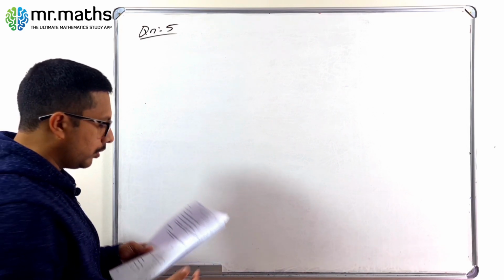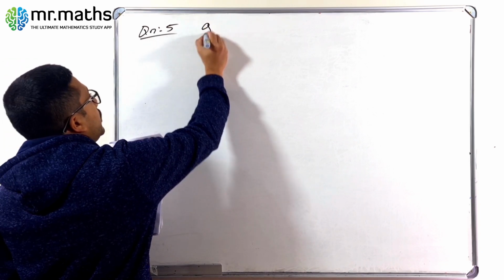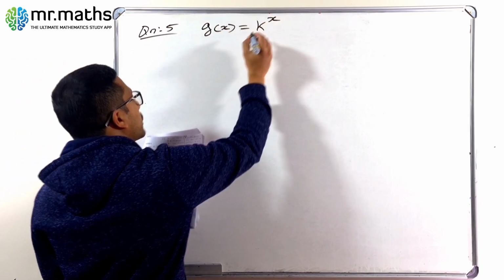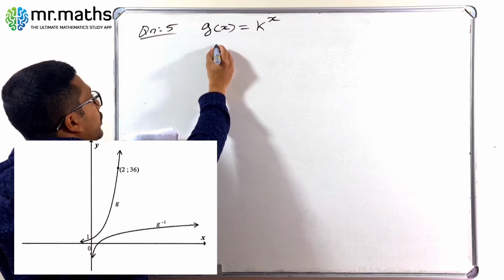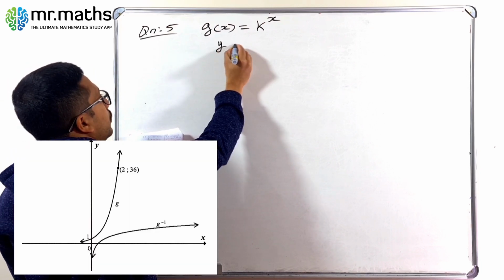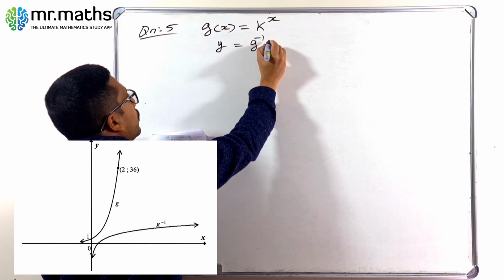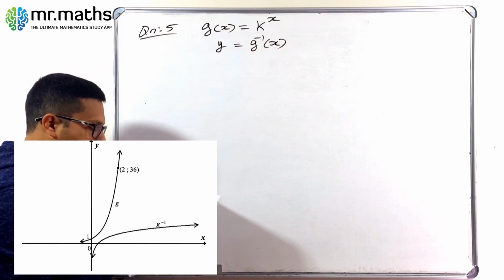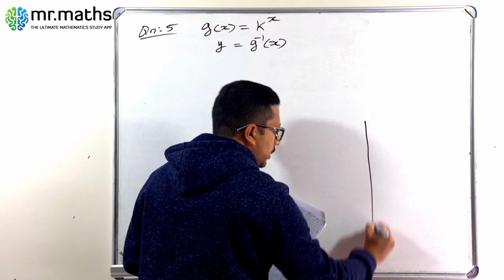So there is an equation g of x is equal to k raised to x, and another, y equal to g inverse of x. There is a graph given like this.